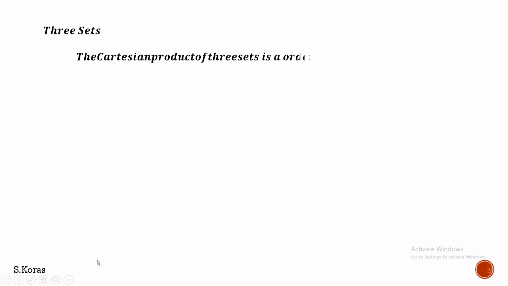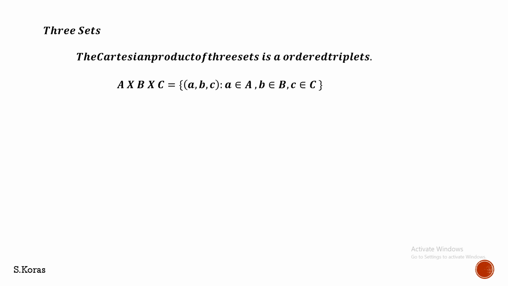The Cartesian product of three sets is also ordered, not pairs but triplets. So in the Cartesian product of three sets, there will be three elements for a single element of the product. If we have three sets capital A, capital B, capital C, then our A cross B cross C will be equal to (a, b, c).